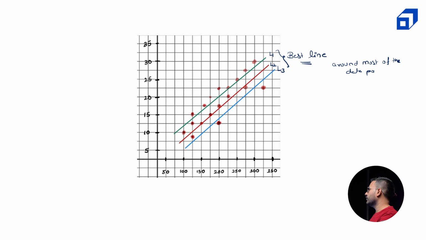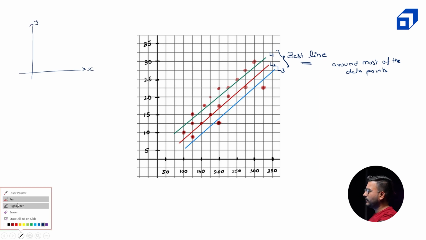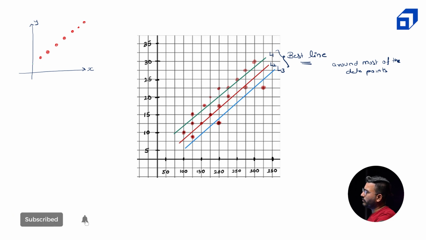data points. Now let me give you one example. Let's say this is my data. This is X, this is Y, and let's say this is my data. Now here if I ask you what is the best fit line, you can easily say that this is going to be the best fit line.